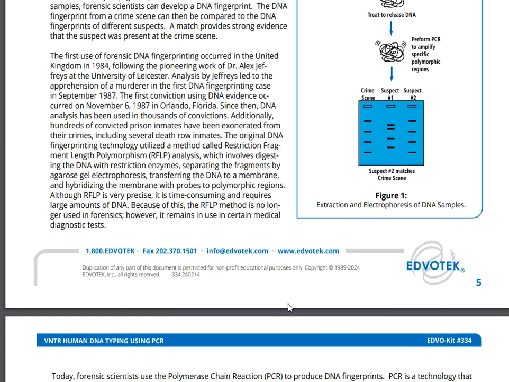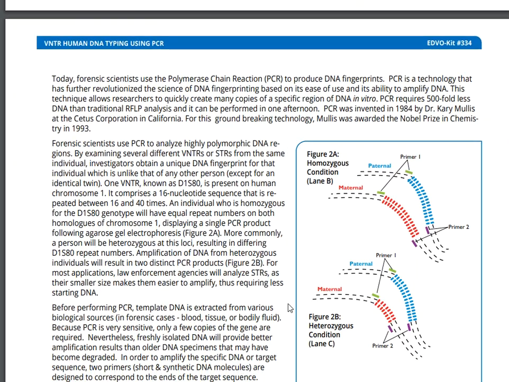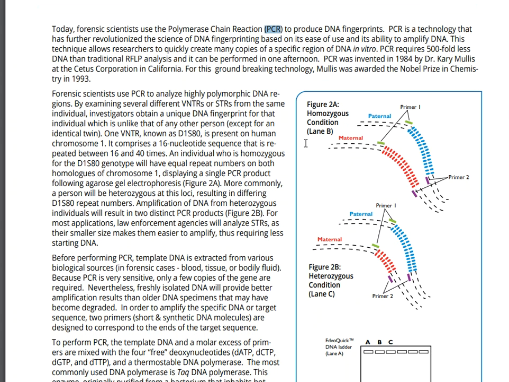So if we begin to start taking a look at the lab directions for this particular lab experiment, it's going to go through this description of PCR. This is something that you're getting in our lecture videos, so I don't think that you really need to pay attention to that. And then in addition to that, though, we don't want like 1,500 base pair fragments to show up in the gel electrophoresis.